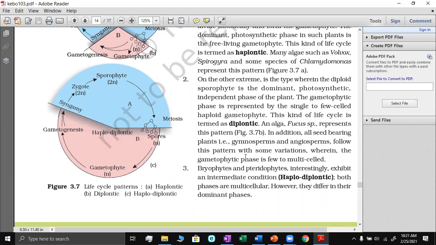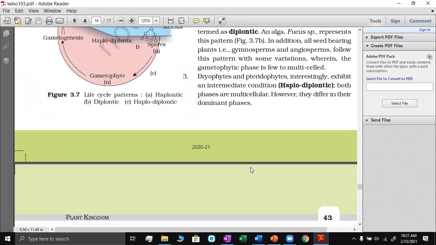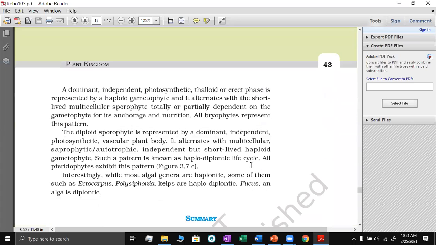But there is a little bit more. Though in algae the life cycle is haplontic type, some of the algae show a diplontic life cycle as well as a haplodiplontic life cycle.